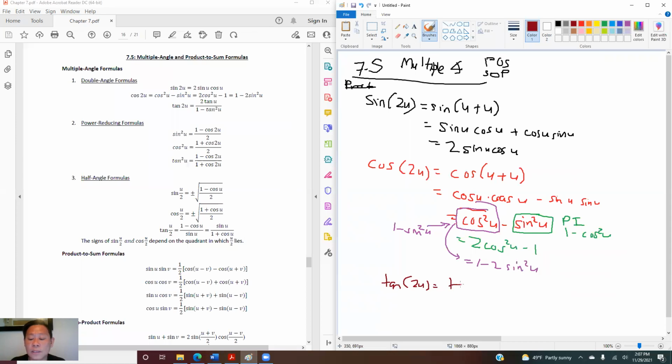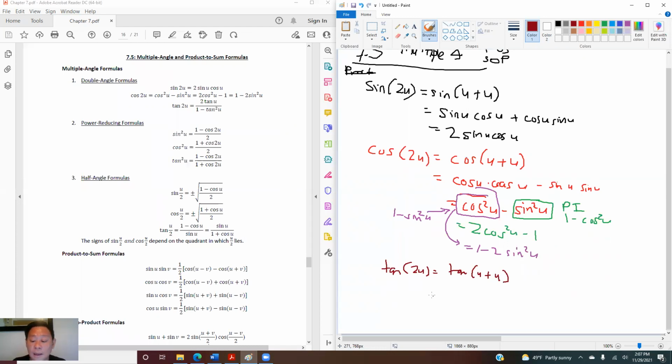This is again using the formula of tangent u plus v. So 2u is u plus u, and using the addition formula that you learned in 7.4, this is tangent u plus tangent u over 1 minus tangent u times tangent u, because it's u and v here.